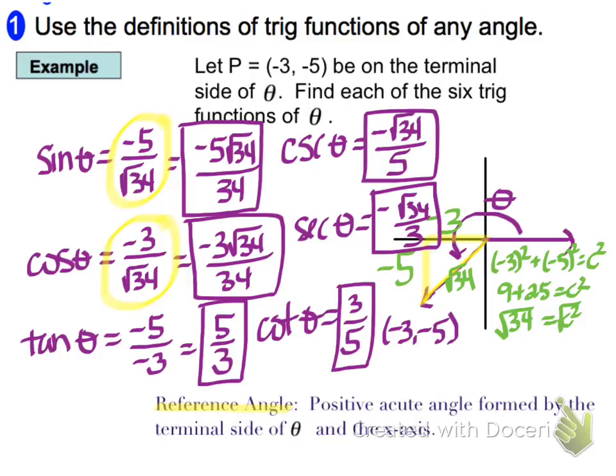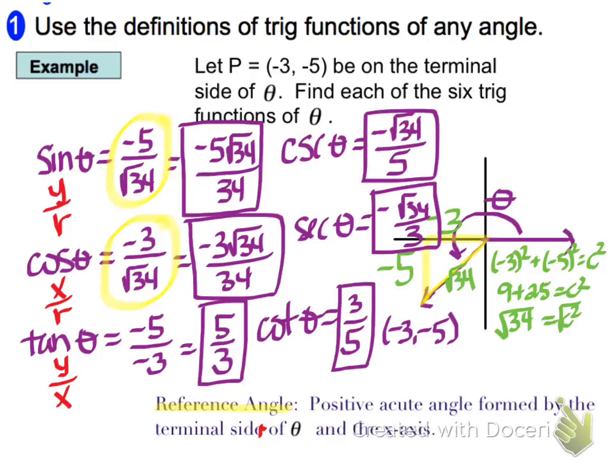So we still had our y value, only this time on the bottom we also had the radius involved. So the sine was y divided by the radius. Cosine was the x value divided by the radius. And tangent really didn't change at all. It was still just y over x.